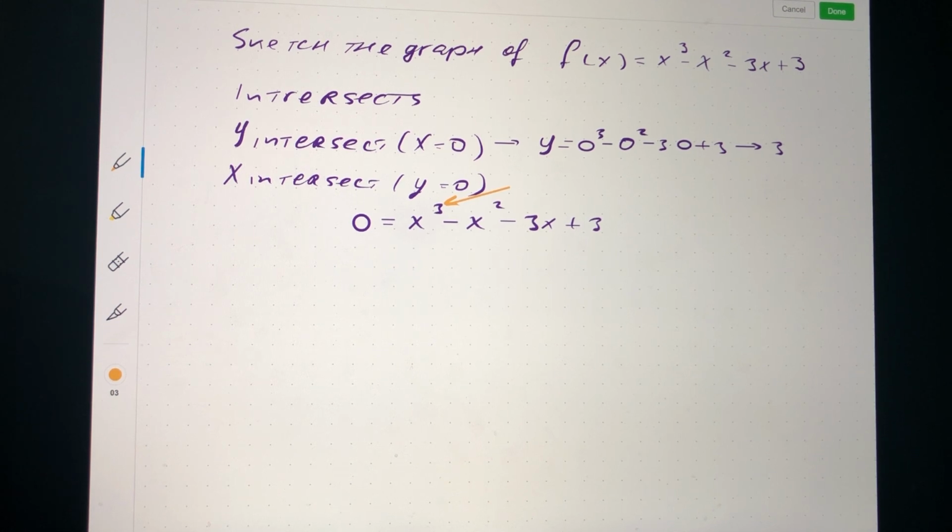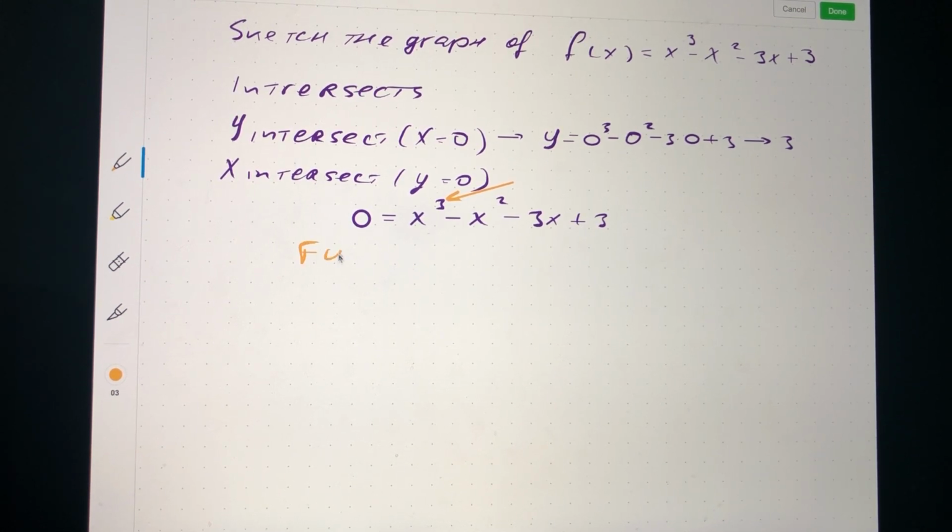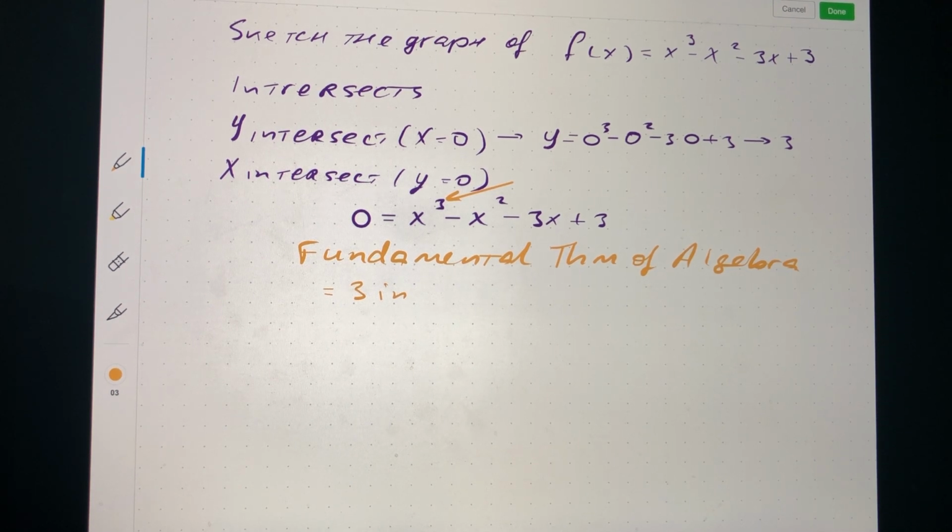The fundamental theorem of algebra promises us 3 solutions, if we count repeats and if we count the imaginary solutions.